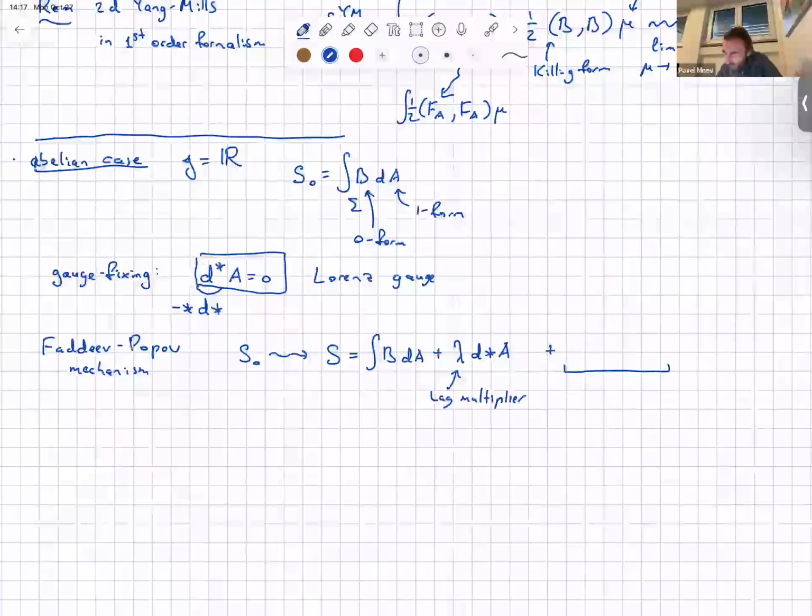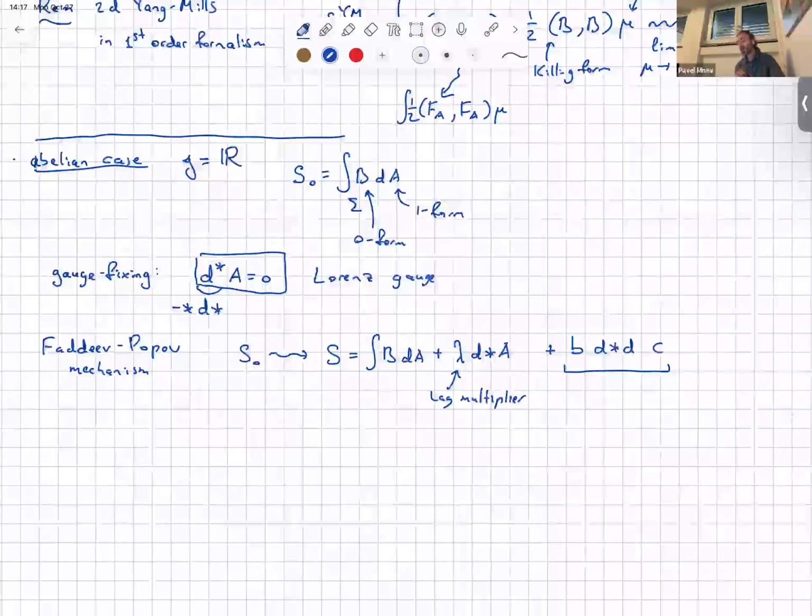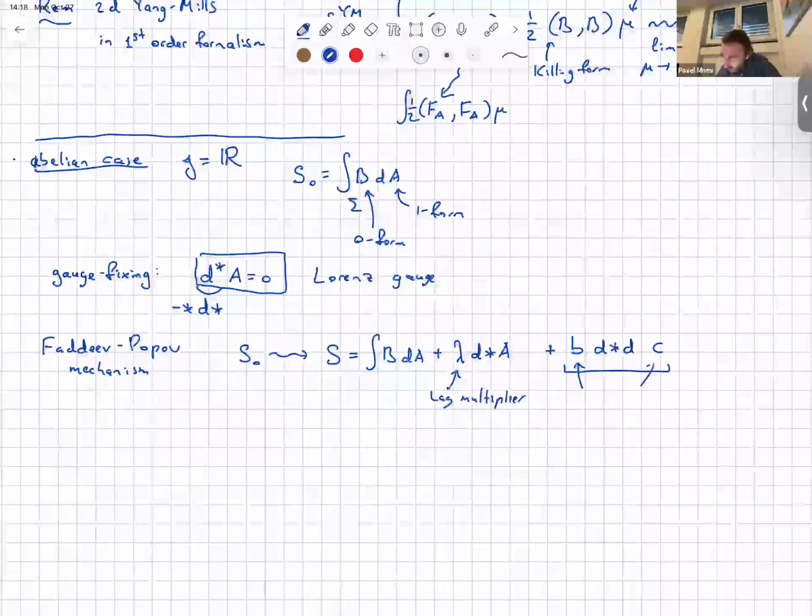It's related to the so-called Faddeev-Popov determinant, an integral formula for it. The term that I'm adding here is b d star d c, where little b and little c are two new fields, which are called Faddeev-Popov ghosts.